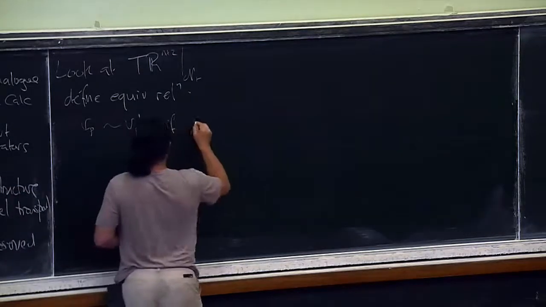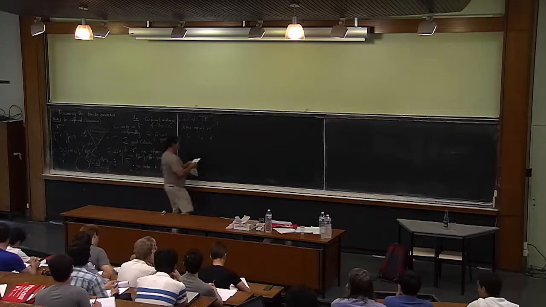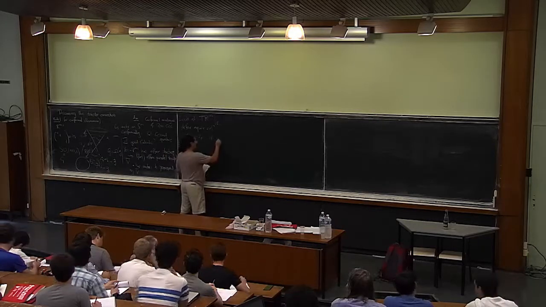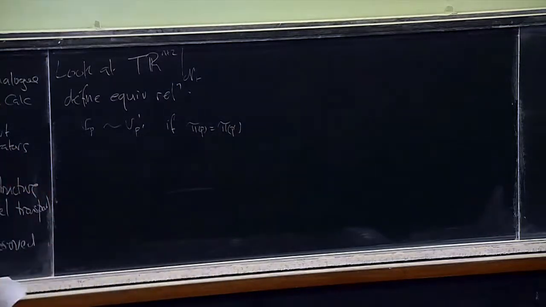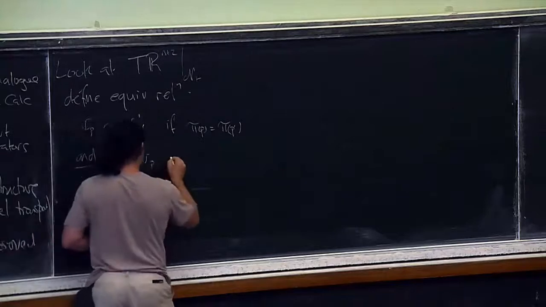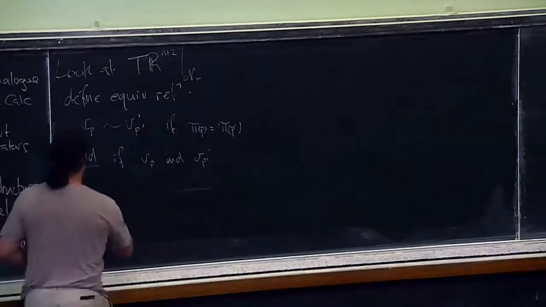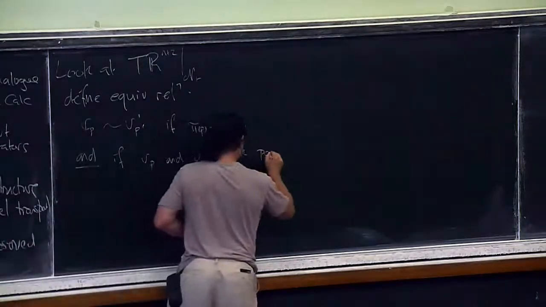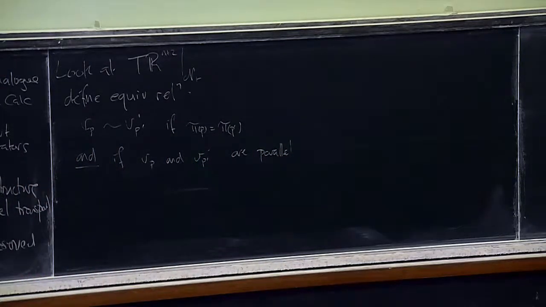Let's call this map pi. So if pi of P equals pi of P prime, in other words, P and P prime are in the same null ray, and if V and V prime are parallel, parallel according to this affine structure that you have on Rn plus 2.